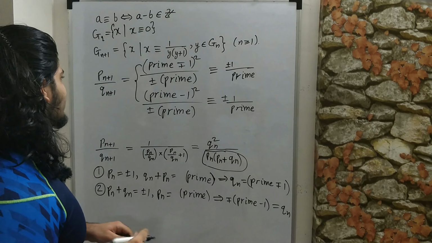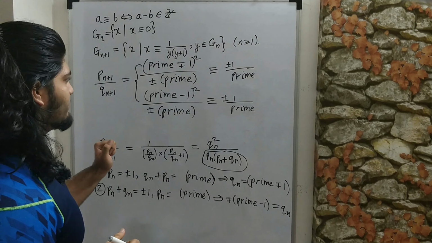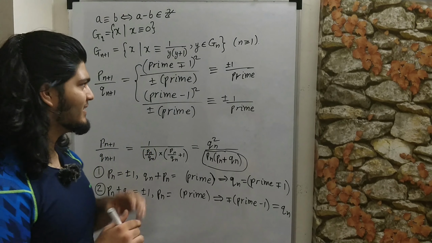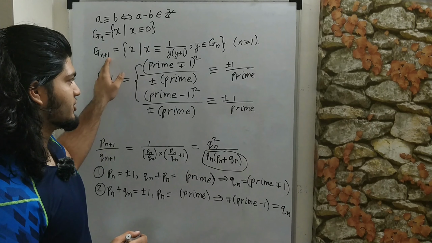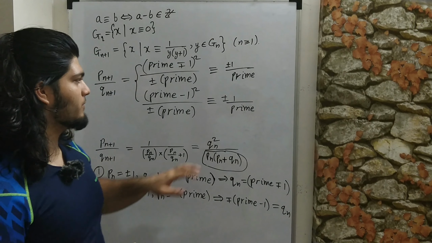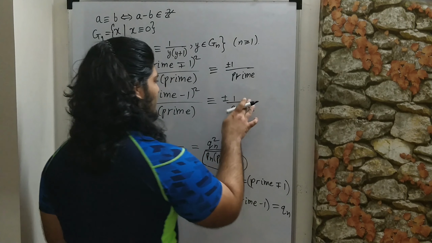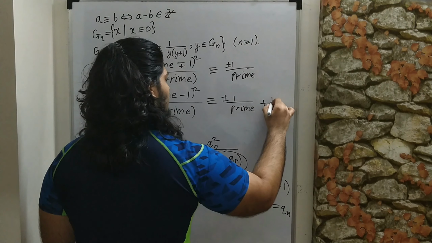So what we get is that p_{n+1} over q_{n+1} can only be congruent to plus minus 1 over prime if the denominator is prime at all. So what we have shown is that any number in the (n+1)th generation can only be of the form this plus an integer. So plus minus 1 over prime plus an integer.